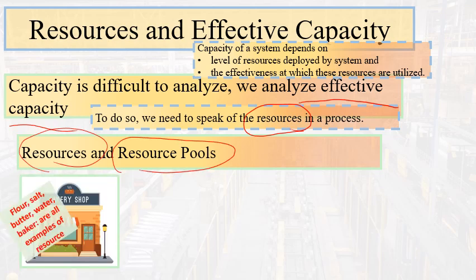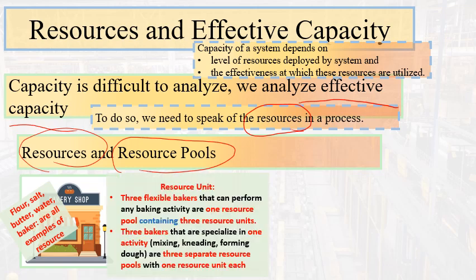So here we have an example of a bakery. If we have three flexible bakers that can perform any baking activity, which is basically they could do mixing, kneading, and forming of the dough, if they could do all three, then we think of them as one resource pool.